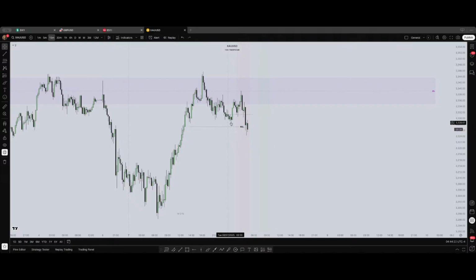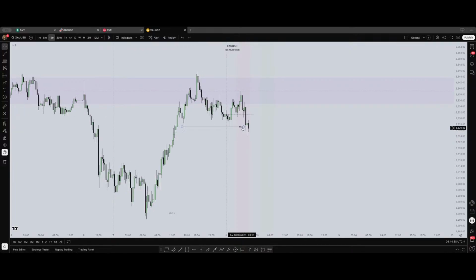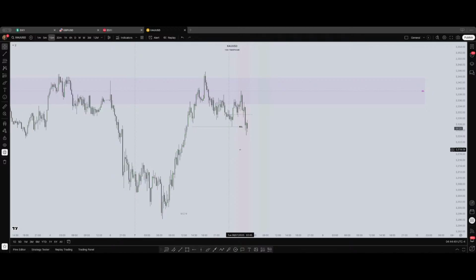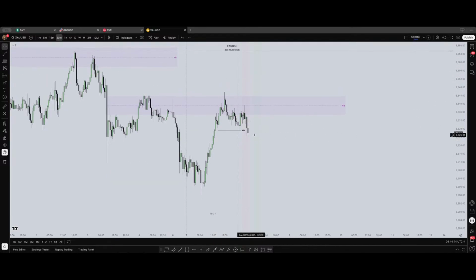Because normally people will put the stop loss here in this low, so price is just doing a stop hunt. And this is why I'm saying no, this is not so secure. We need something more than this.